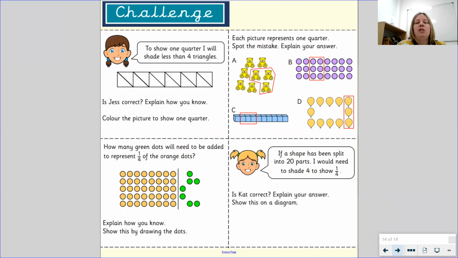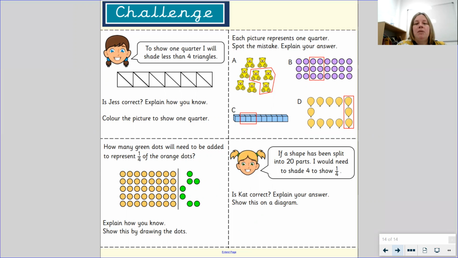Colour the picture to show 1/4. Each picture represents 1/4. Spot the mistake. Explain your answer. How many green dots will need to be added to represent 1/4 of the orange dots? Explain how you know. Show this by drawing dots.